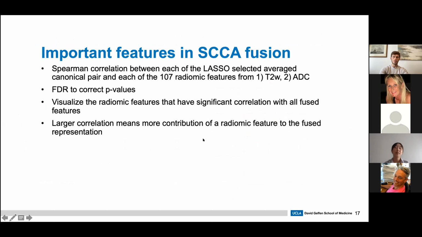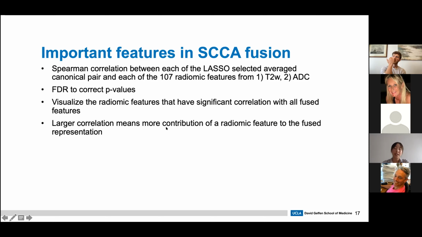Finally, we would like to check which features are more important in the SCCA fused representation. We did that by computing the Spearman correlation between each of the fused features and each of the original radiomic features, separately from the T2 and the ADC imaging.